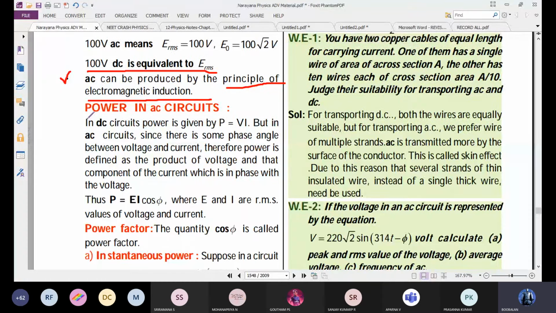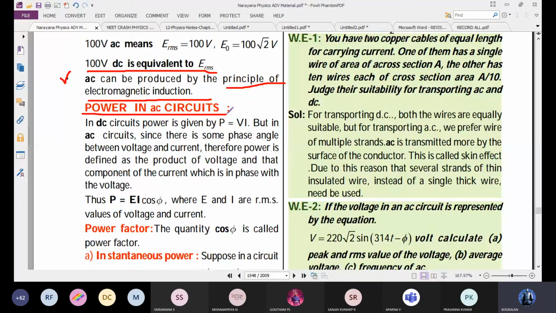Okay, so next one, the power in AC circuit. Actually, the normal power formula: power equals VI, the product of voltage and current. So power equals work done divided by time.